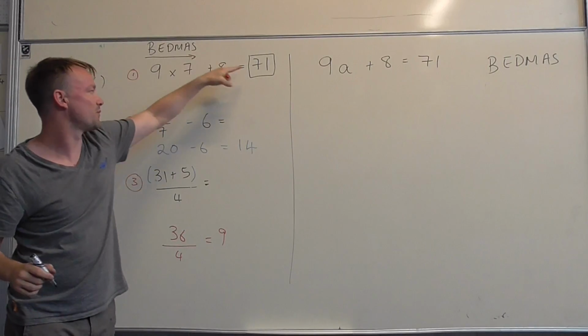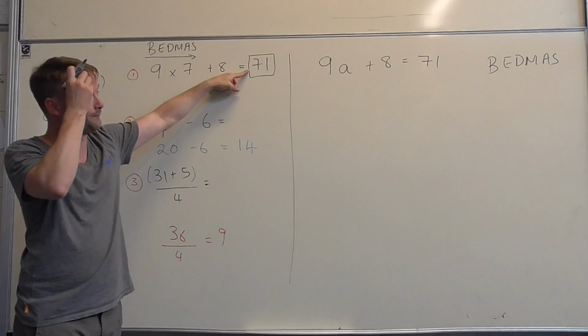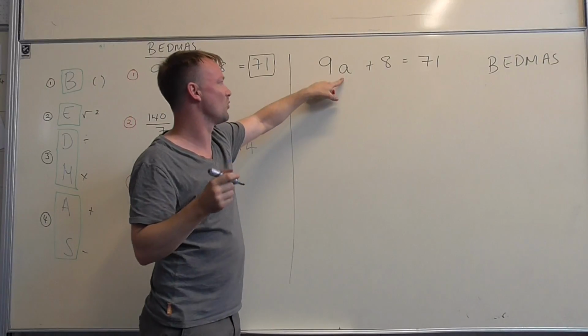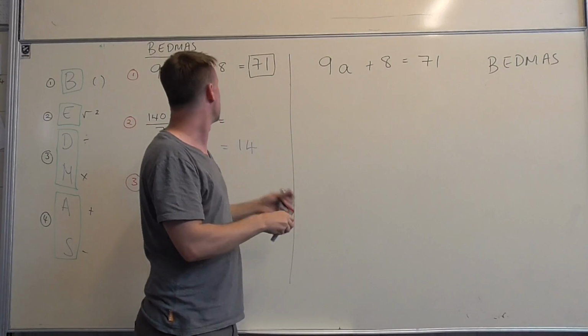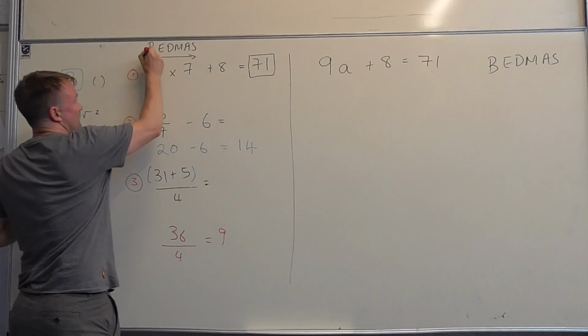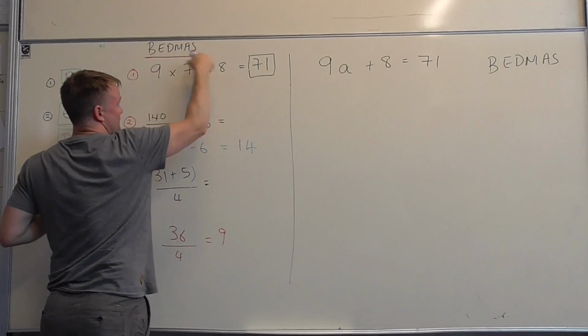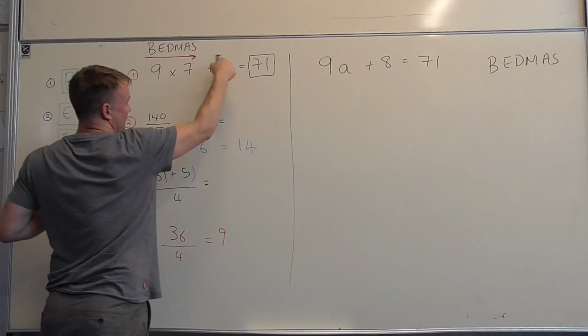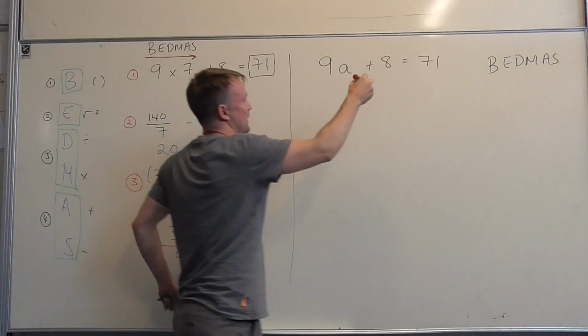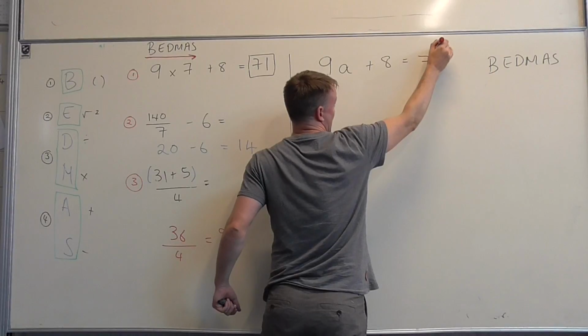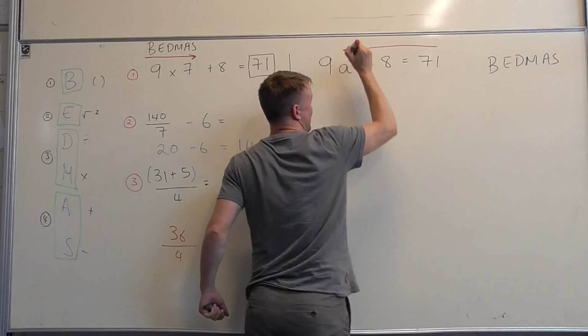You can see that the arrow's pointing over to this side, okay? What we're trying to do is we're trying to find out what this is. So instead of going this way with BEDMAS to find the answer here, this arrow is pointing to the answer over here, this is the way we're going to get to here. This time we've actually got the answer, and what we're trying to do is work out what the A is.